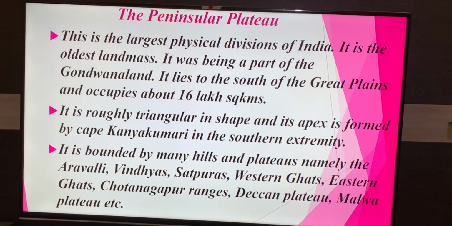The Peninsular Plateau, the third physiographic division of India. This is the largest physical division of India. It is the oldest landmass, being a part of Gondwana land. It lies to the south of the Great Plains and occupies about 16 lakh square kilometers.